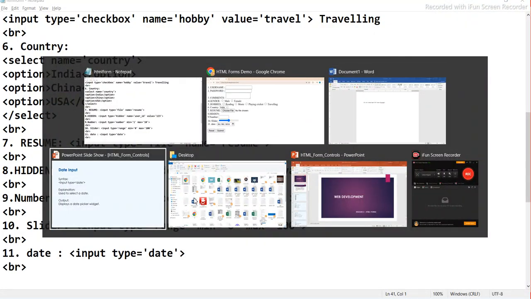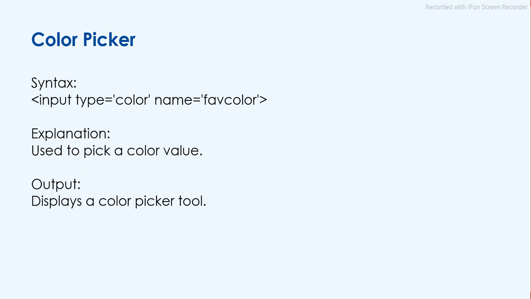And the next control is color picker. Here you can create a button. When I click on the button, a color palette will appear. In the color palette you can choose whatever color you want. The syntax goes like this: input type equal to color, name equal to, you give your own name, favorite color, or color palette, any name you can give.